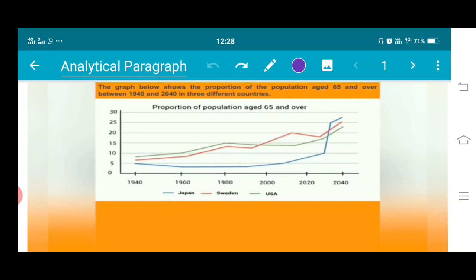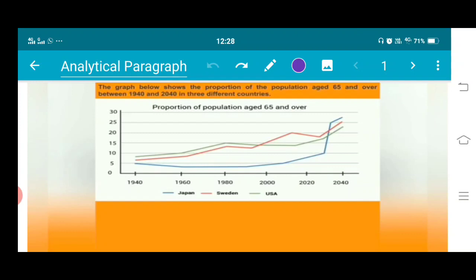On the x-axis we have years from 1940 to 2040, and on the y-axis we have the percentage of old people aged 65 and over, right? So this we have to see.